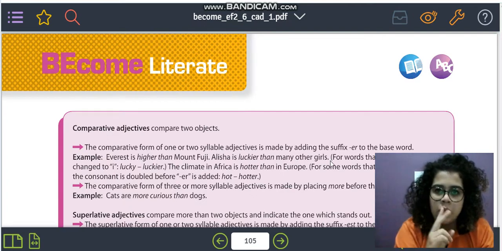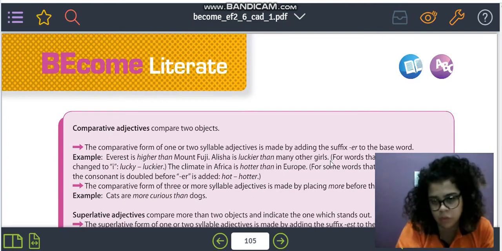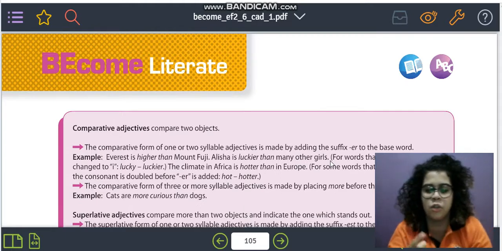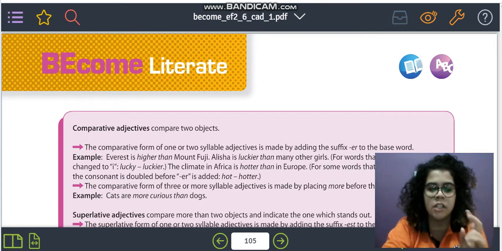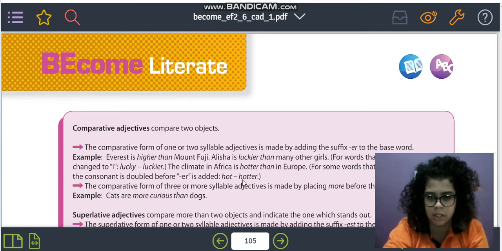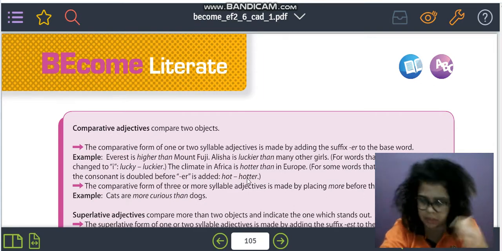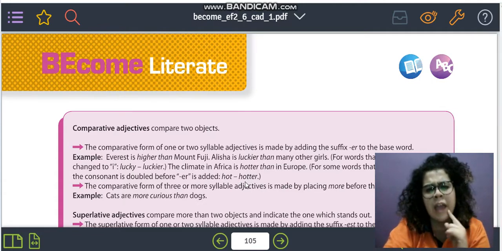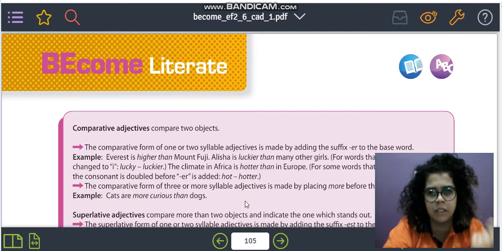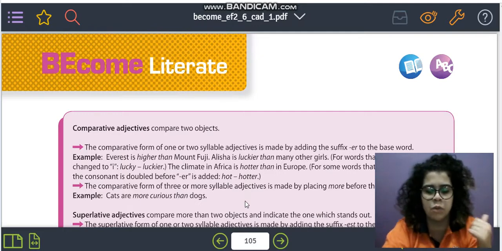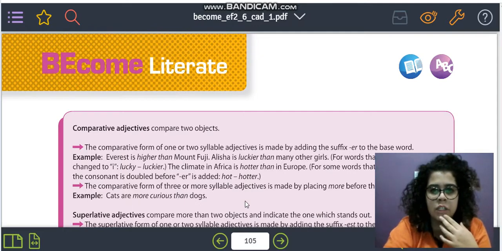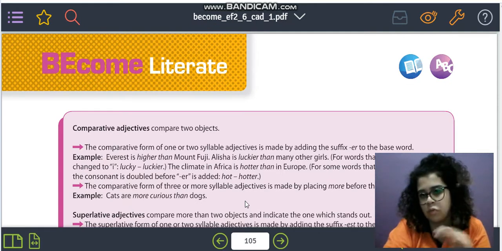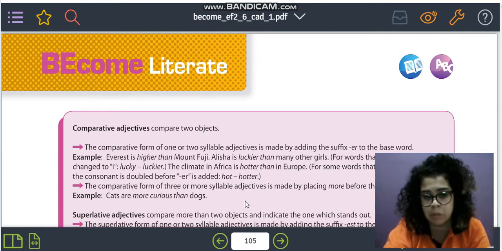I already explained the rules as well, for the words that end in y and the words that end in consonant, vowel, consonant, just like hot, that we double the T, remember? You already have it in your notebooks because I put this explanation on the board, right? And you can do this exercise with this explanation.